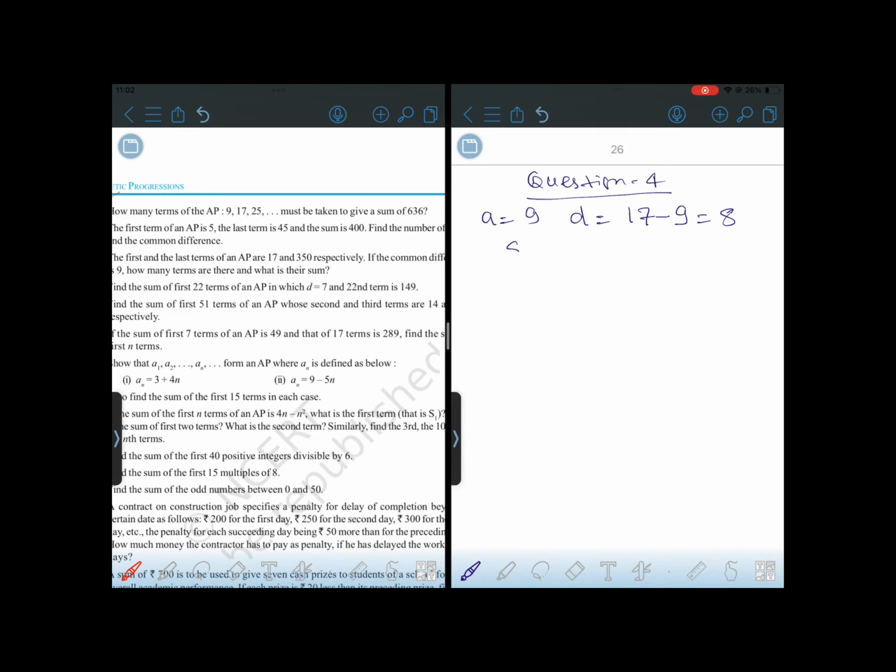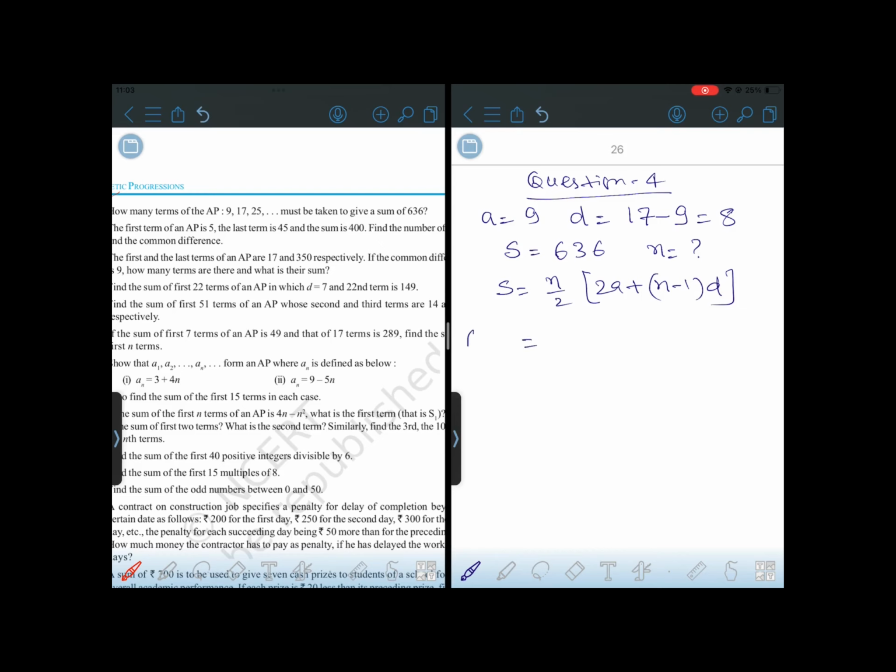And then we are also given the sum of n terms, and we have to find out the value of how many terms will add to make this sum, right? So for that we have to utilize the formula S is equal to n by 2 in bracket 2a plus n minus 1 into d.